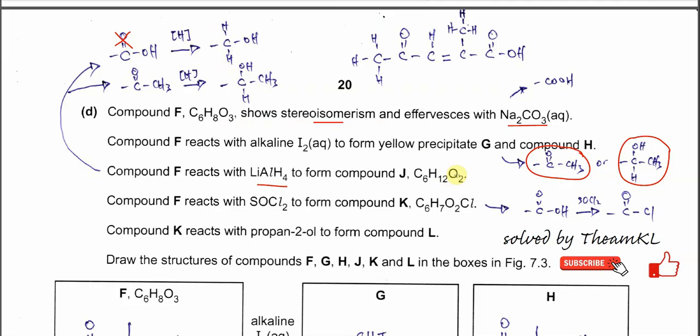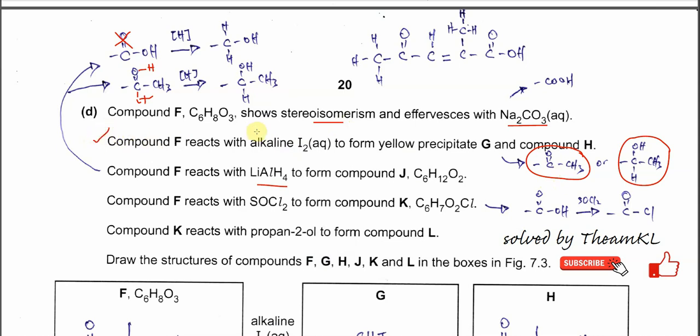And it adds 2 hydrogen just now and needs to add another 2 hydrogen. It means the methyl ketone needs to add 2 hydrogen, so this one adds 1 and here adds another 1 to form this alcohol, right? So we are quite sure now about the second statement.